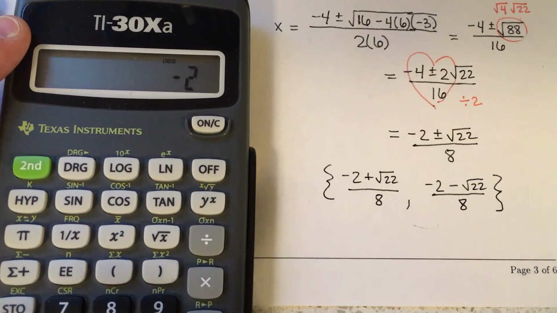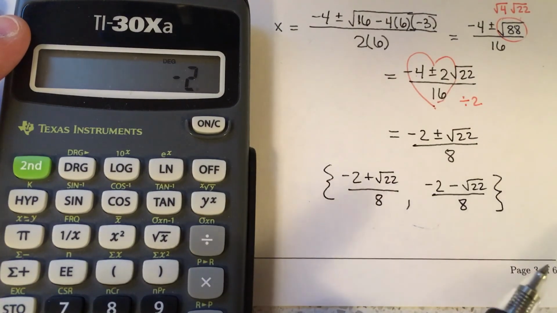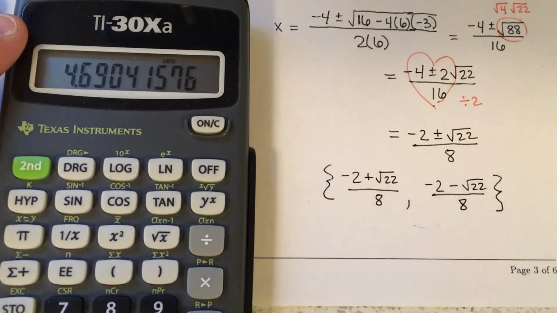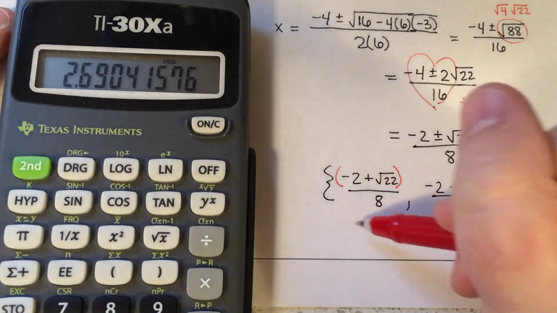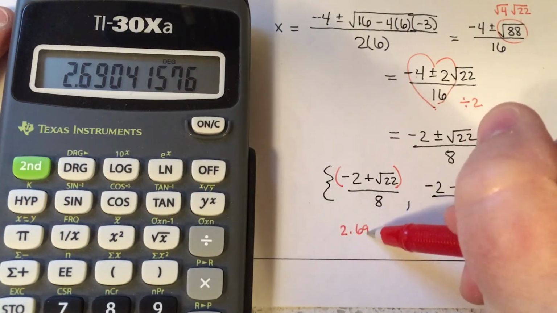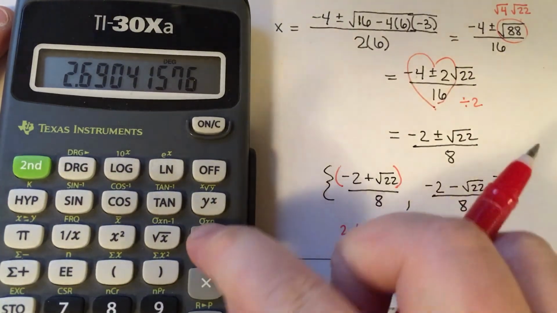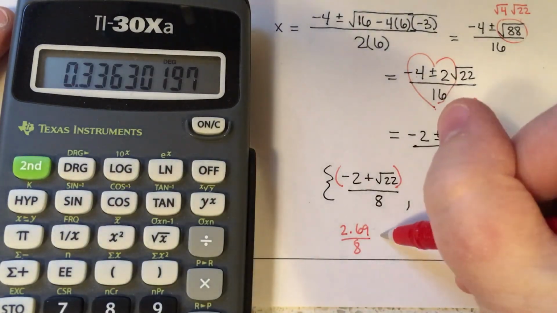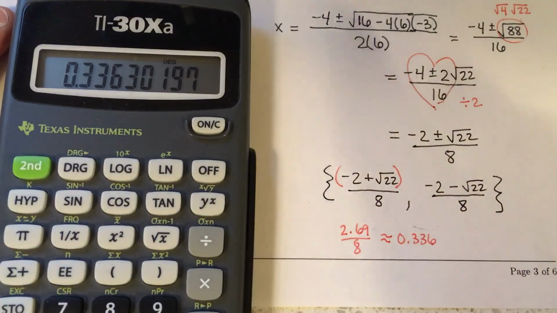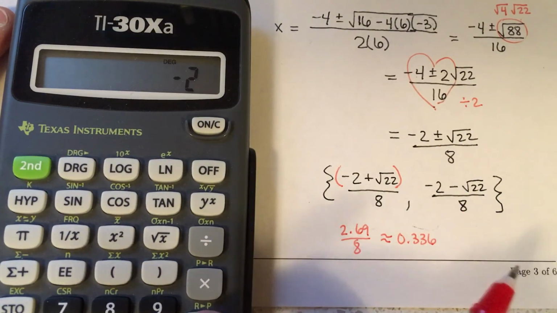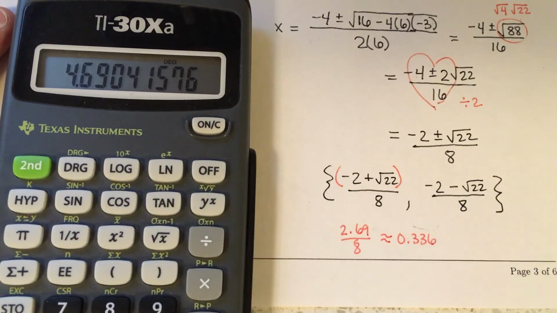So 2 negative plus 22 square root equals. So when getting a decimal, you just do the top of the fraction first, 2.69, and then divide it by 8. So I got 0.336-ish. The other one, make it 2 negative minus 22 square root equals.